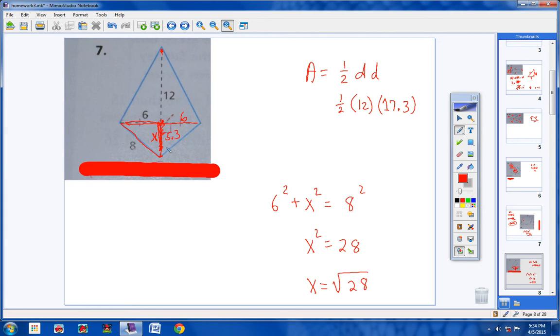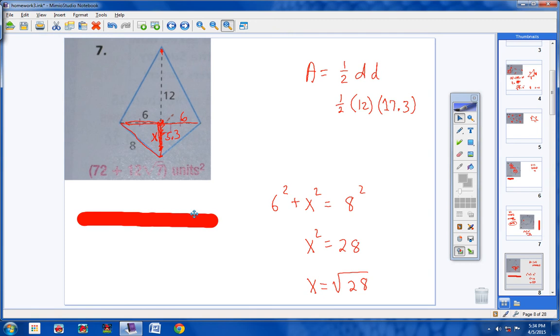And we end up with 103.8 square units, which I know is clear right here on the screen. What it says is 72 plus 12 square root of 7. If you type that into your calculator and hit enter, you would get 103.8 square units for the area.